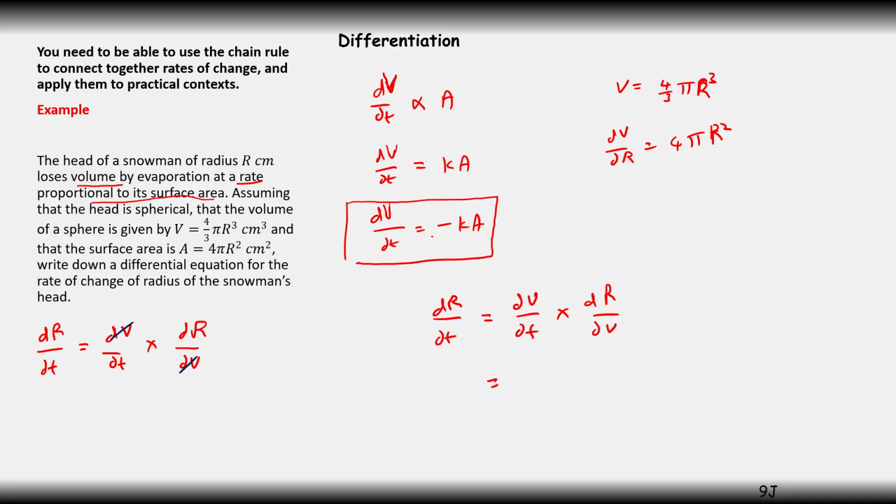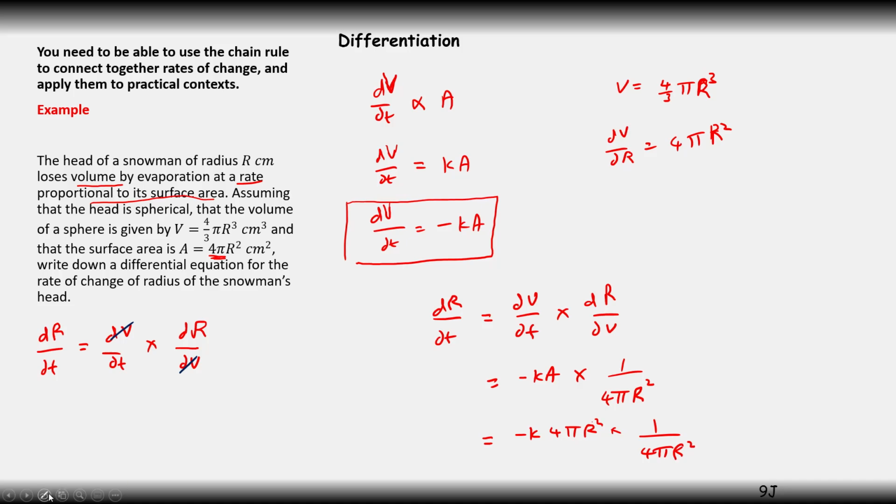And so if I sub in what I've got, dV by dt is minus k times A, multiplied by 1 over 4 pi r squared. I know the area because it's given to me in the question. So if I sub that in, it's going to be minus k times 4 pi r squared times 1 over 4 pi r squared.